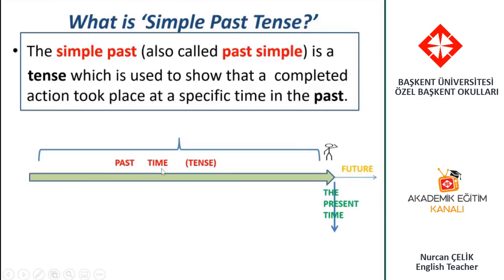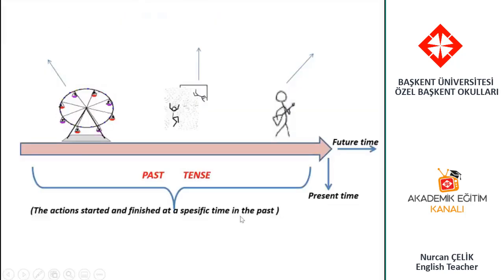We call it past tense. Here on the timeline, we have some activities started and finished in the past. Let's see these events.